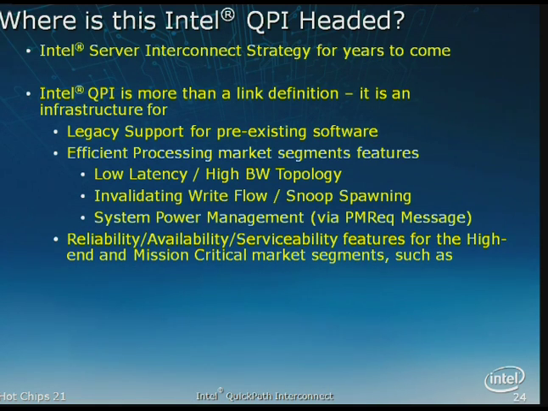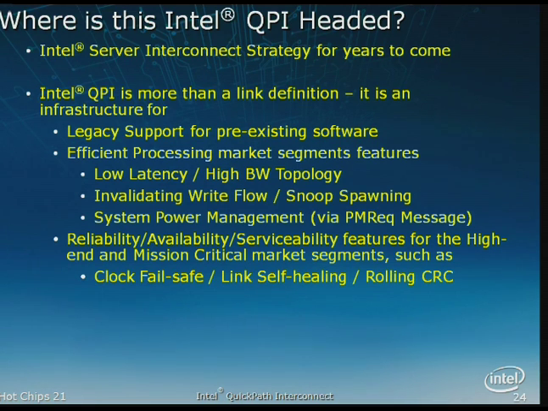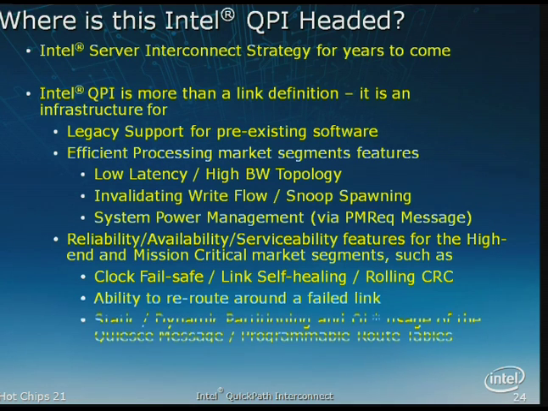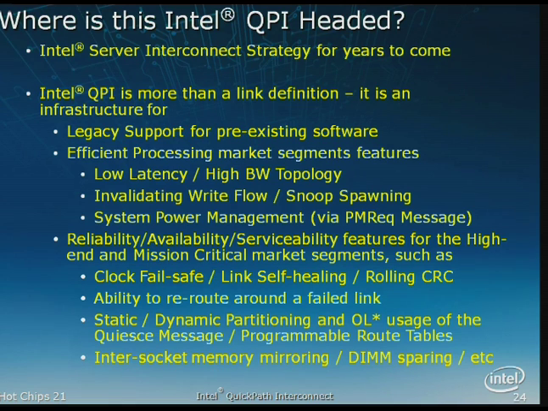And in our larger or high-end, the extreme and mission-critical segments, we provide an infrastructure for RAS. Those include clock fail-safe, link self-healing, rolling CRC, ability to reroute around a failed link, and of course, the ability to statically or dynamically partition systems and OL star. And intersocket, I never even mentioned that, intersocket DIMM sparing, and DIMM sparing, memory mirroring, RAID, etc.